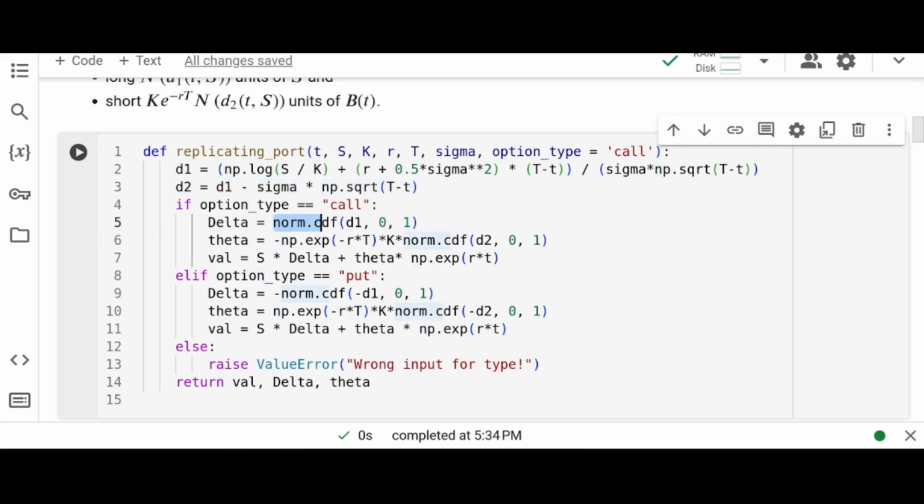So our delta is the CDF of d1. The cumulative distribution function for the standard normal distribution evaluated at d1 is our delta, and our theta for a call option is, as we already saw in the slide, minus e to the power of minus r T times K, times the CDF evaluated at d2.